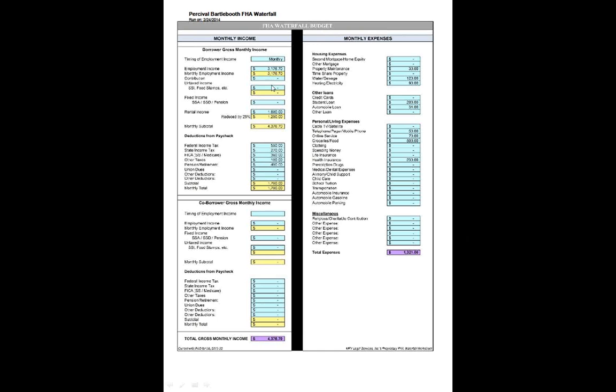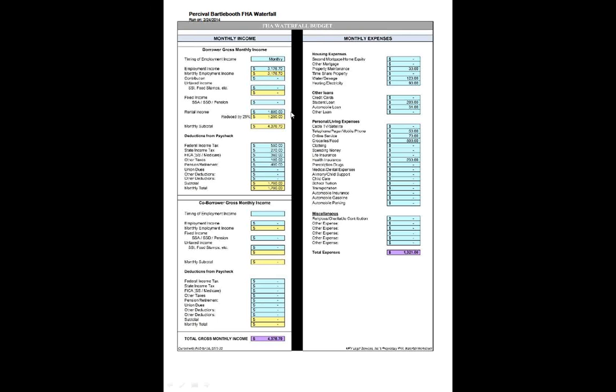So we've got the employment information here, monthly employment income, and an amount of rental income. Sorry if these numbers aren't displaying very well for you. Like I said, this is all in the written materials, so you can get a better sense of the numbers. This screen in particular is at page 41.